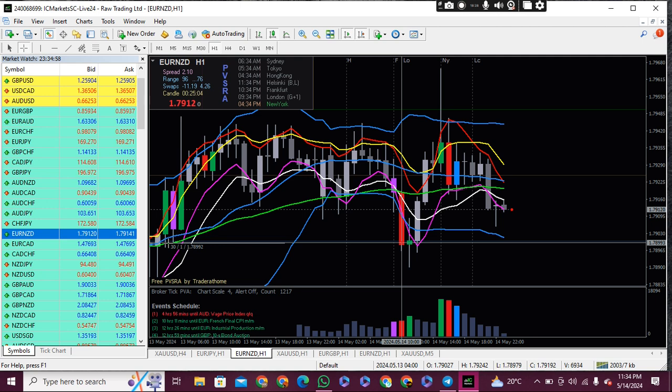So we look at Euro GBP and see what it did today. So for this Euro NZD, we did not opt to get into this immediately, but a re-entry level from this zone was the best. This was the best place to get into the trade.